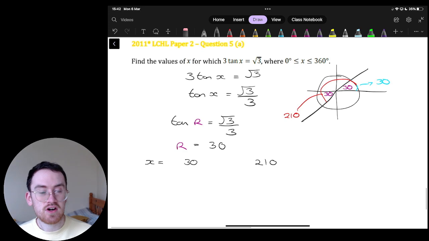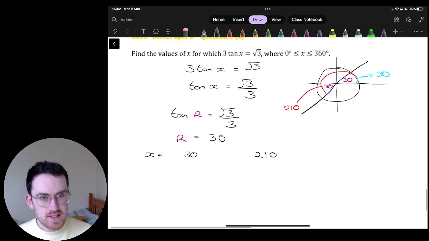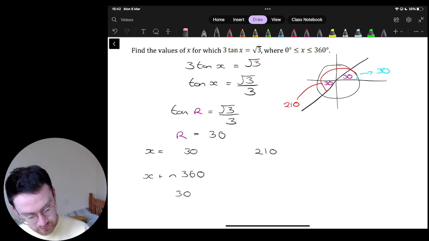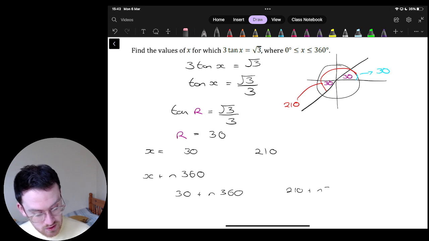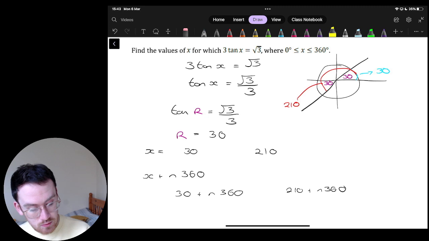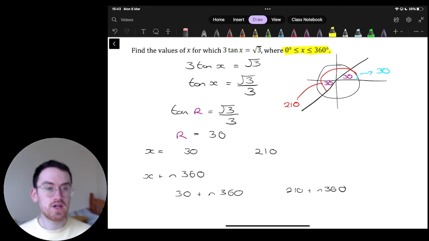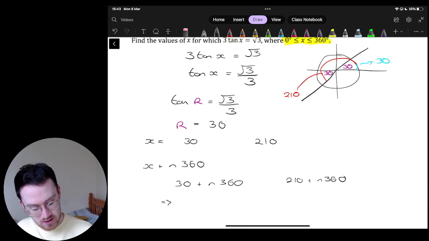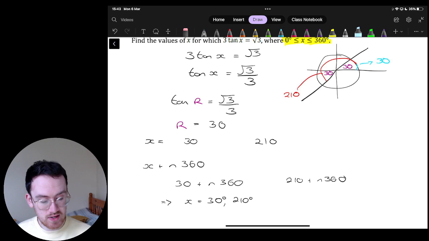If we find our general solution, x plus n360, what we should see is that we can't have any more options because my domain was only 0 to 360. The only values within 0 to 360 are 30 degrees and 210 degrees, because any more would be outside my range.